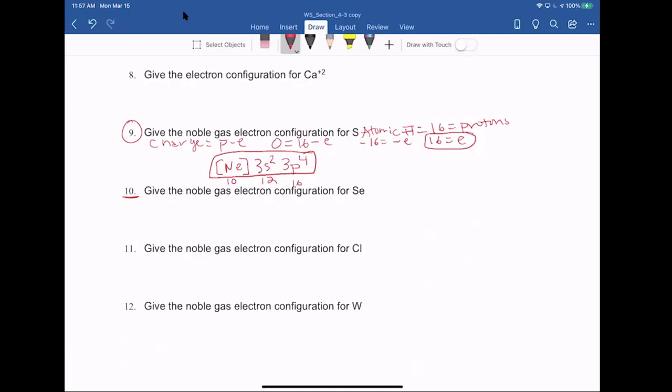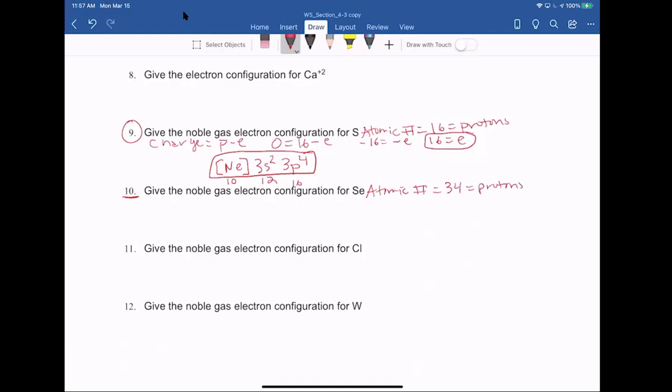All right, guys, let's try number 10. It says give the noble gas electron configuration for Se. So first thing is, just like before, we have to figure out its atomic number. What is the atomic number for Se? 34. That's how many protons it has.